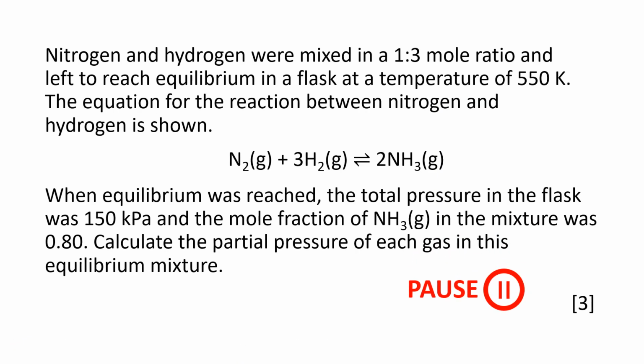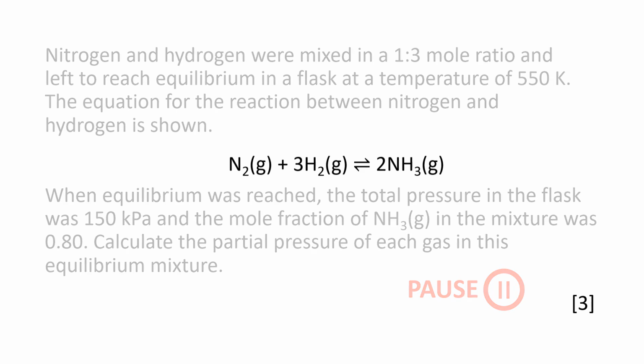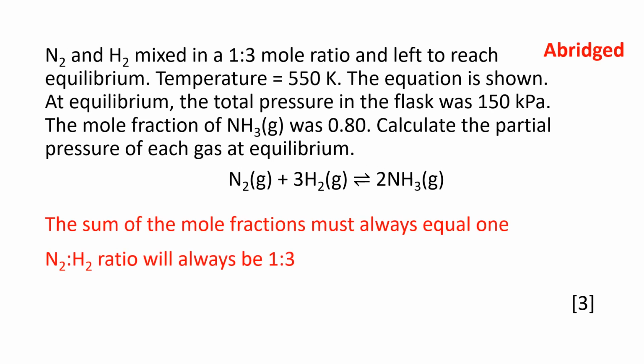Here's the first part of the question. The sum of the mole fractions is always equal to 1. Nitrogen and hydrogen are mixed in a 1:3 ratio, and they also react in a 1:3 ratio. This means that the ratio of nitrogen to hydrogen in the equilibrium mixture will always be 1:3.